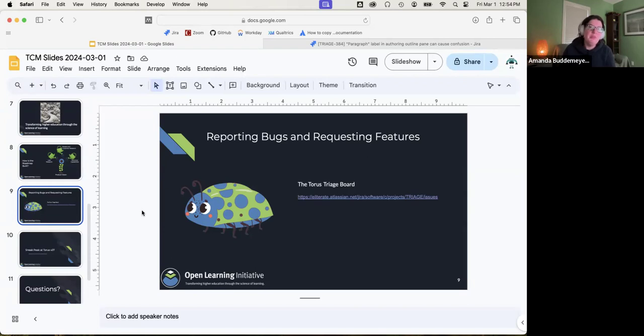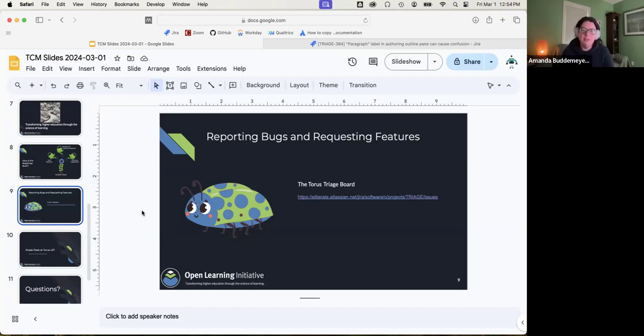All of you and everyone who's registered for this meeting is going to get a follow-up email after this and every Torus community meeting, and the link to this board will be in that email. We're also happy to just give you the link if you ask us for it, in between, if you have lost track of it. And you are more than welcome to pass this on to other folks. Again, it's a public-facing board. You don't have to have a login to get to it.